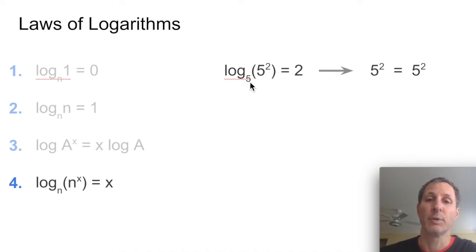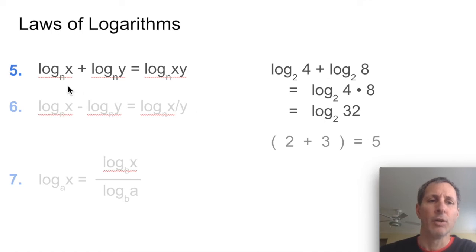So in other words, if we write log base 5 of 5 to the 2 equals 2, and convert this to exponential format, we're saying 5 raised to the 2 power equals this result, which is 5 to the 2, right? So this one is pretty intuitive.